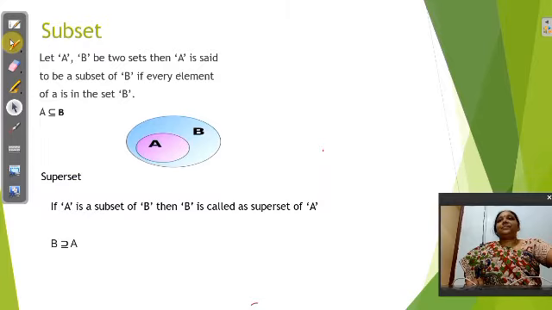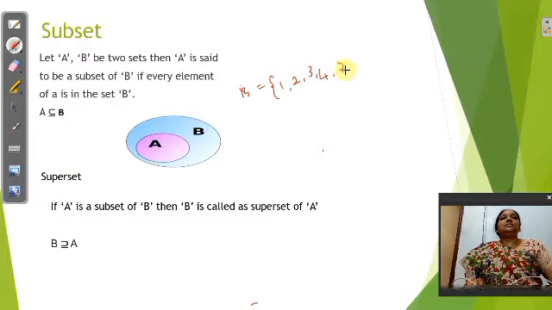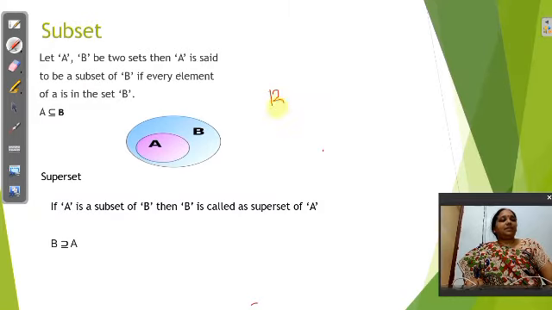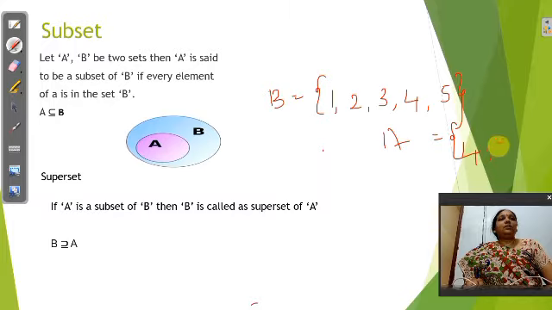For example, if we take B equal to 1, 2, 3, 4, 5, and A equal to 4 and 5.